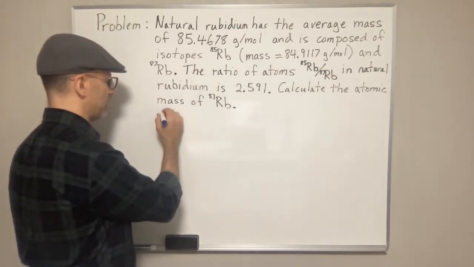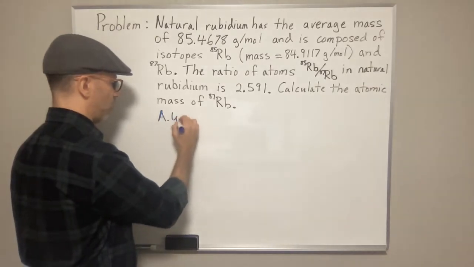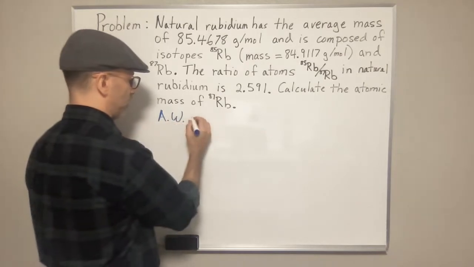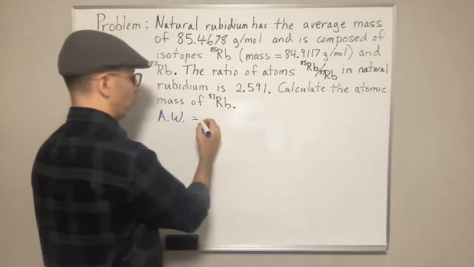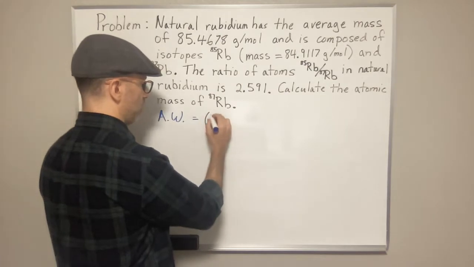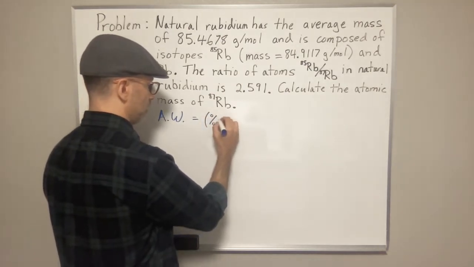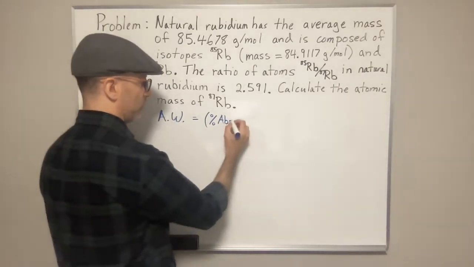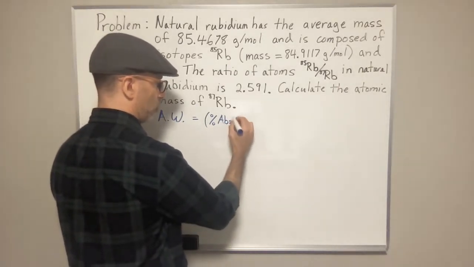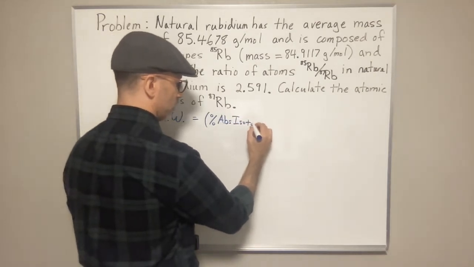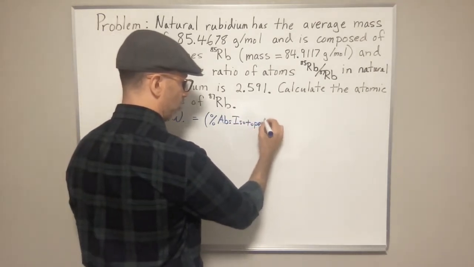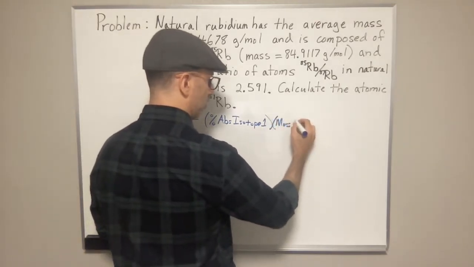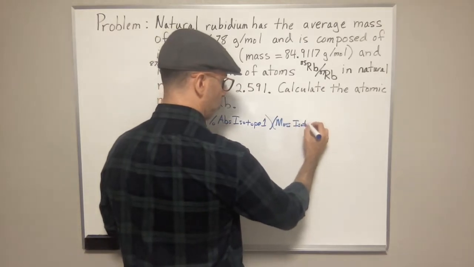The atomic weight or average atomic mass of an element is equal to the percent abundance of isotope number 1 multiplied by the mass of isotope 1.